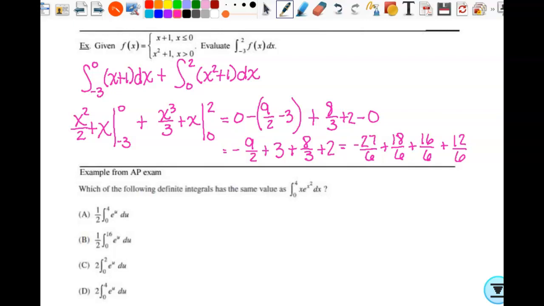Ew. So let's do it the easy way. 12 and 18 is 30, right? And then I subtract 27, I get 3. And then I add 16, and I get 19 over 6. Think smarter, not harder. You can go from left to right, but that's yucky. I look at whatever makes the most sense quickly.